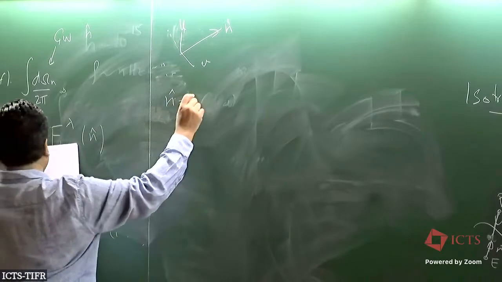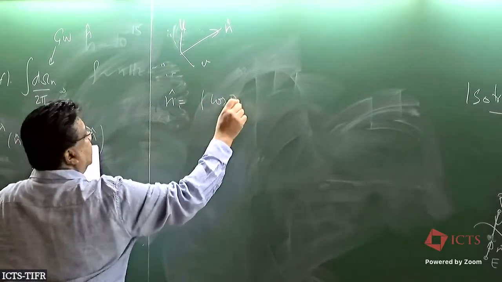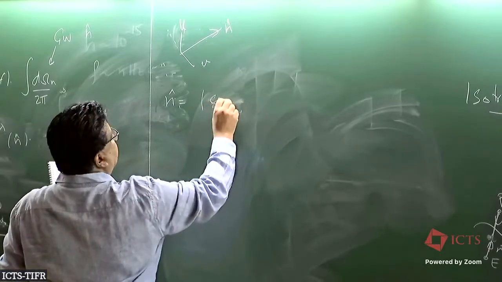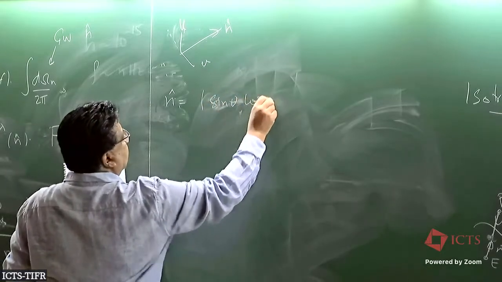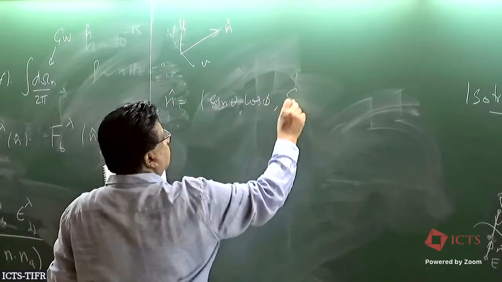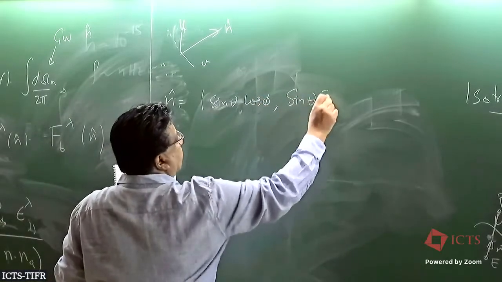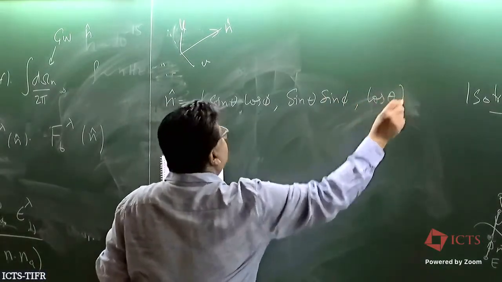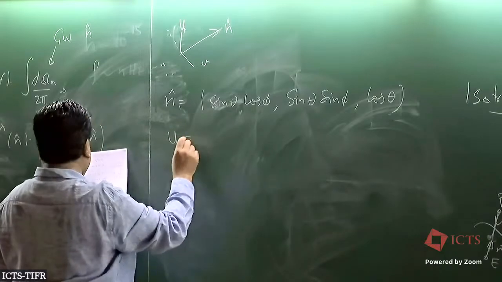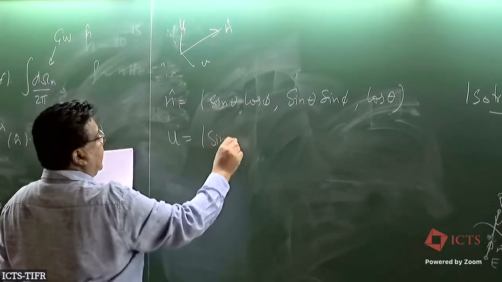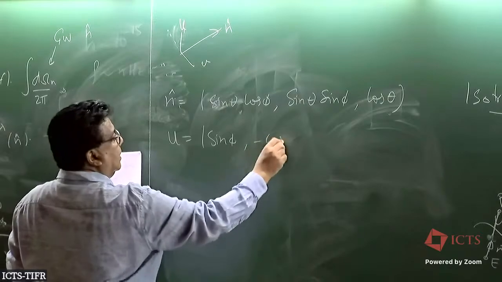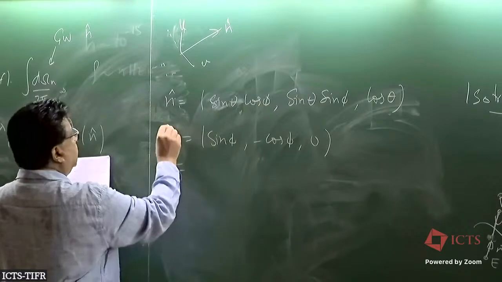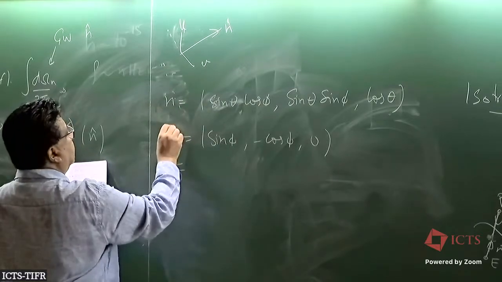So n is cos theta, sin theta cos phi, and sin theta sin phi, cos theta, and similarly U will be, let's say, sin phi. These are unit vectors.